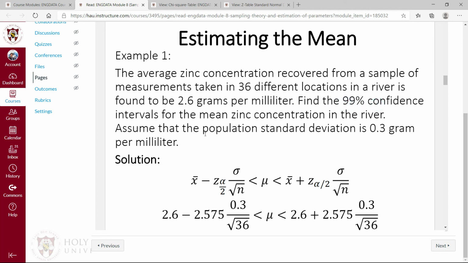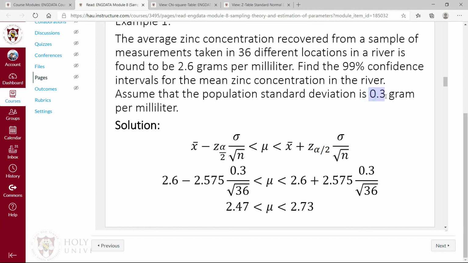The standard deviation is still similar, 0.3. So you have 0.3, 36 for n, and 2.6 for the x bar. Then the z alpha over 2, the alpha level z score, is given as 2.575. How did he arrive at the 2.575?